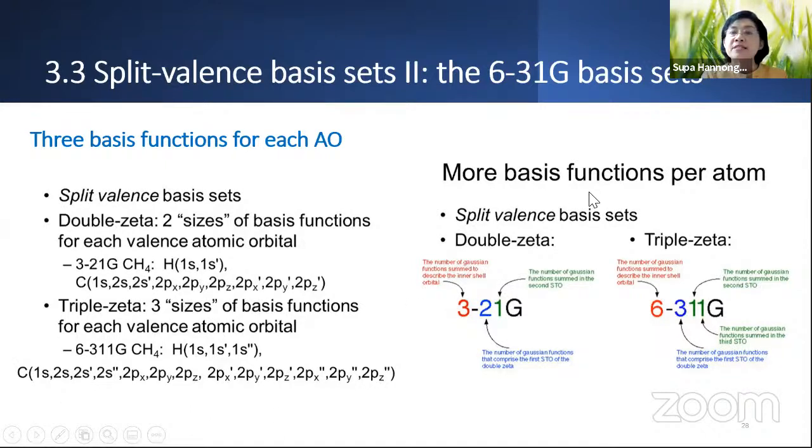Now, for the basis functions per atom in the notation of split valence basis sets, 3-21G is the double zeta, and 6-311G is the triple zeta. So now you can have this kind of split valence basis set.